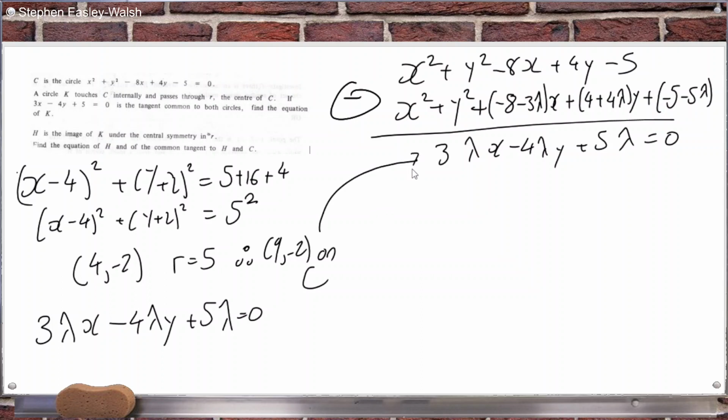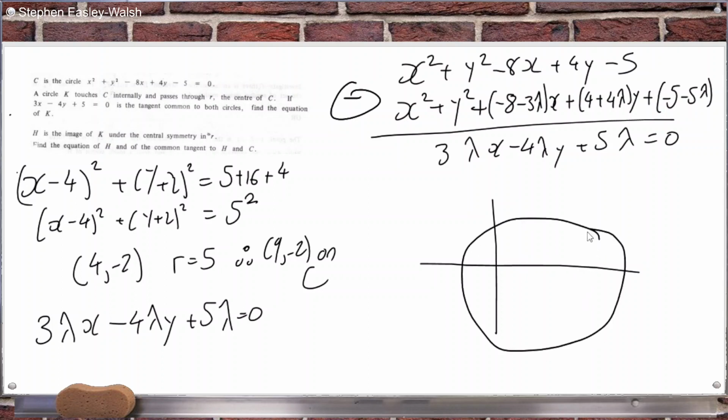So if I sub that in, I can get the, oh, no, I can't sub it in there, sorry. I need a point, which I know, okay, hang on. Let's think about this. (4, -2), 5. So that's the circle here, and then that's the tangent here.